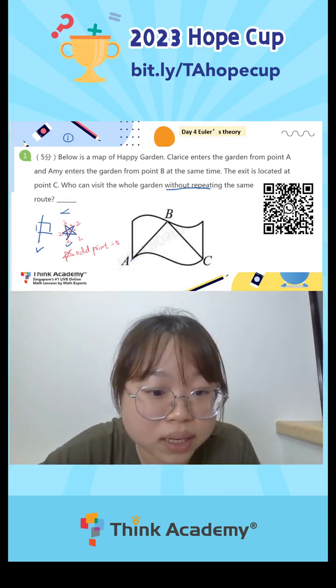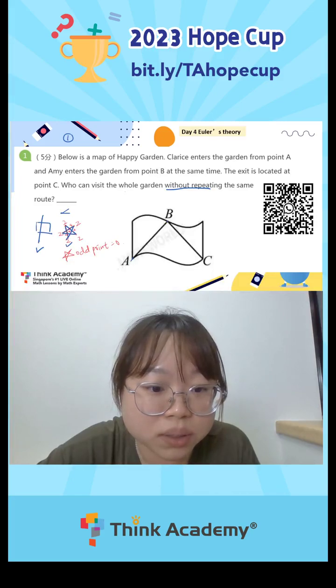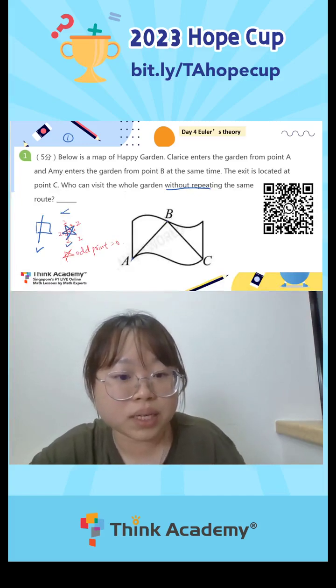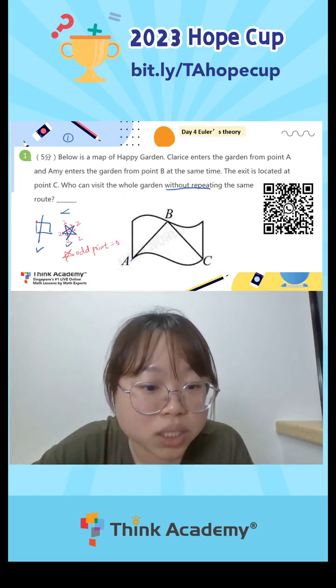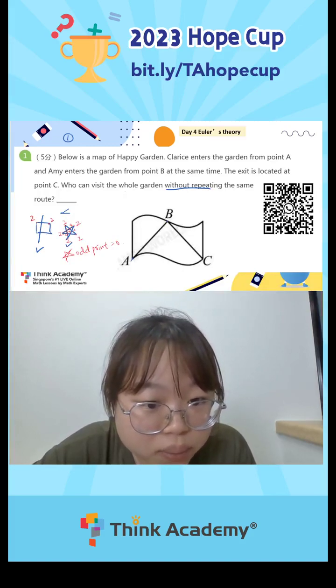What about this one? Here, it should be connected together. What should this point be? This point should be an even point because it's connected to 2 lines. Even point.